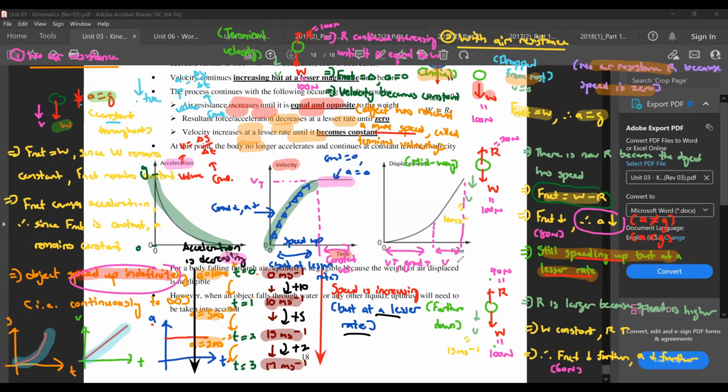This part here is where your velocity is constant, so your gradient is constant. Maybe better use a different color here not to confuse you. Okay, I'll use this one. This one velocity was constant, so gradient is constant.